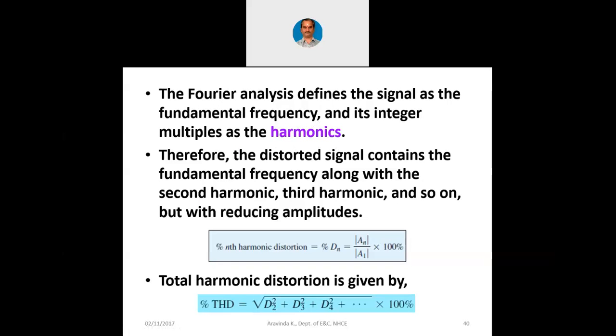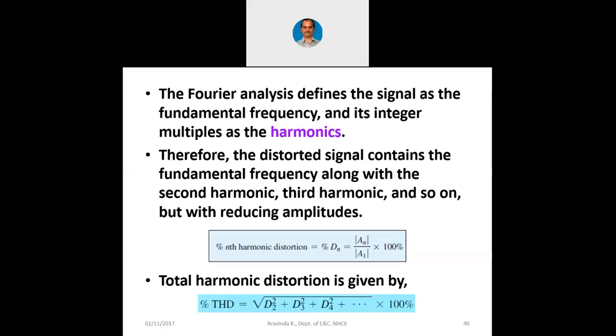This scientist Fourier, or the mathematician Fourier, is one of the greatest contributors to the engineering field in terms of the signal analysis, because he gave the idea that any complex waveform can be represented by means of a fundamental signal and the other frequency components. All the other frequency components are also called as spectral components.